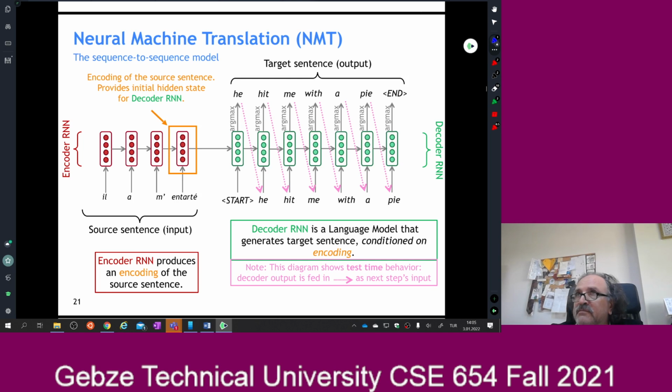Question for you. Tell me the nicest thing about this picture compared to statistical machine translation. Any length of input can be considered in theory.